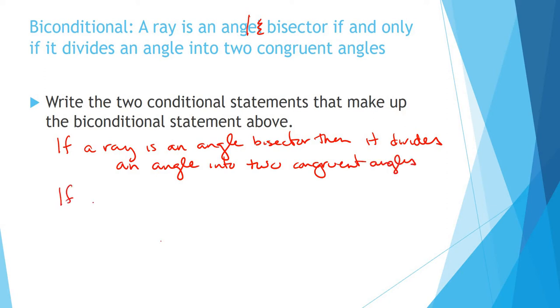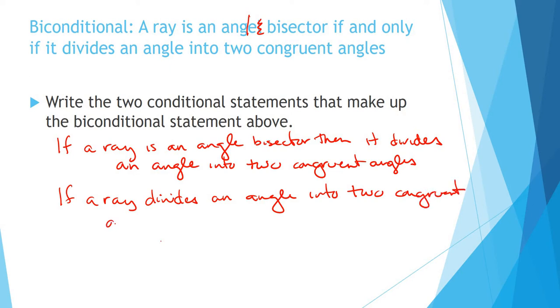The other would be, if a ray divides an angle into two congruent angles, then it is an angle bisector. Okay, so taking the biconditional and writing it as two separate statements.